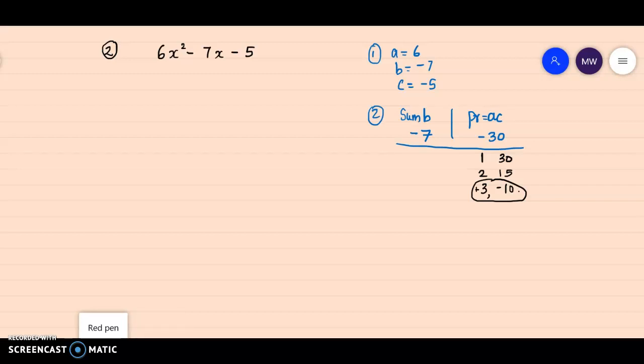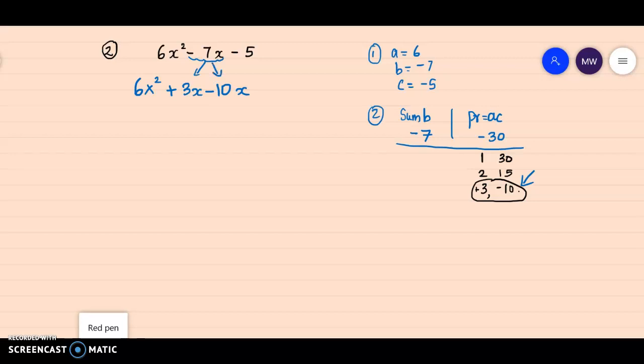So we are going to rewrite this trinomial 6x squared. We're going to split the middle term. The -7x is going to be written using these two numbers that we found. We're going to write it as positive 3x minus 10x. Positive 3x minus 10x will give us -7x itself.